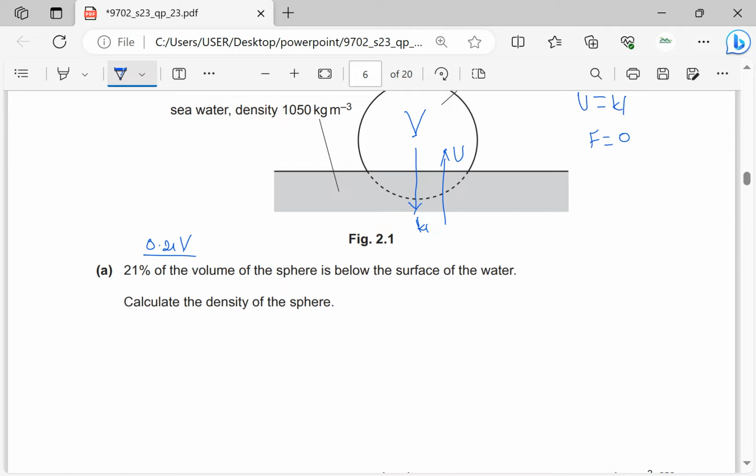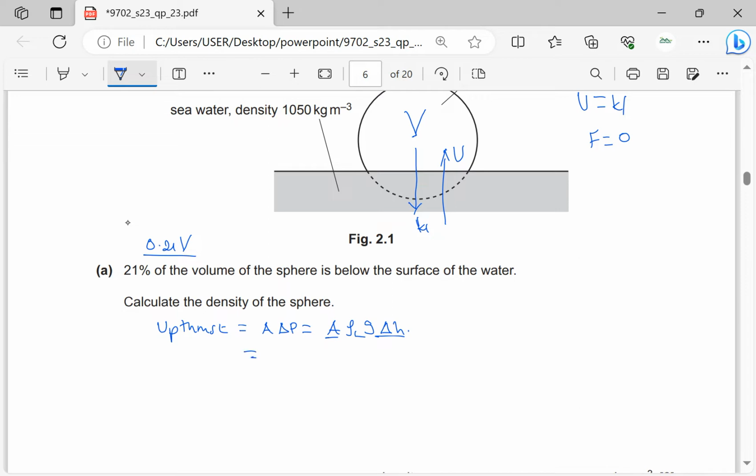So first of all, if it is in equilibrium, we know that the upthrust is equal to the cross-sectional area times difference in pressure, which is going to be the cross-sectional area times the density of the liquid in which it is floating times g times a difference in h. But A times h is going to be the volume.